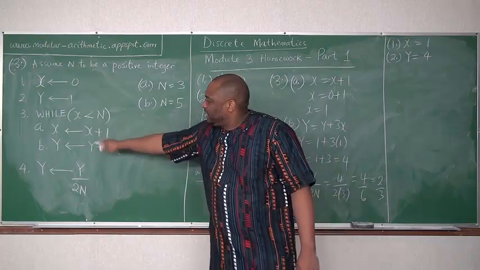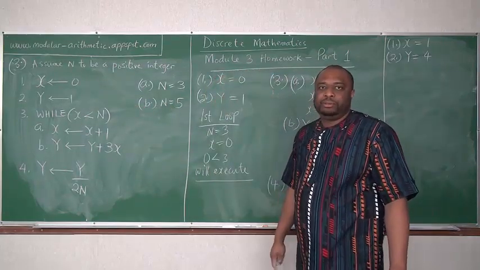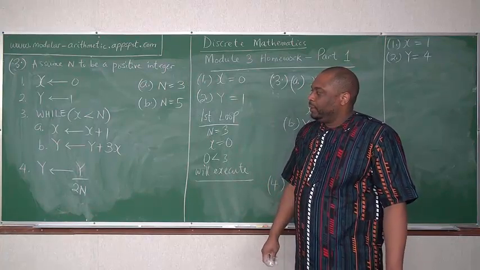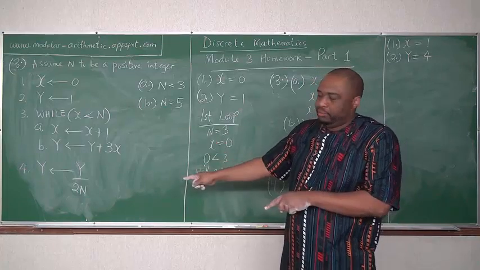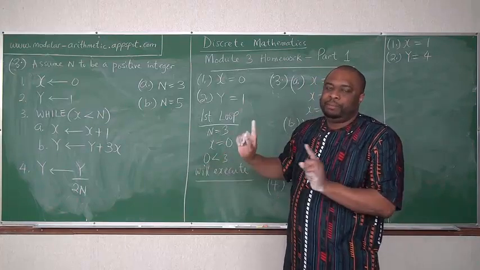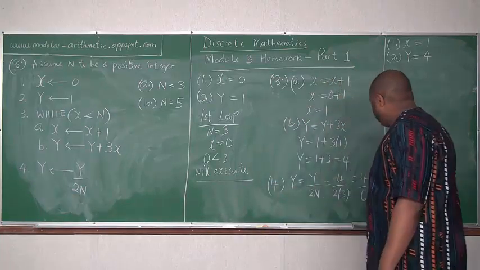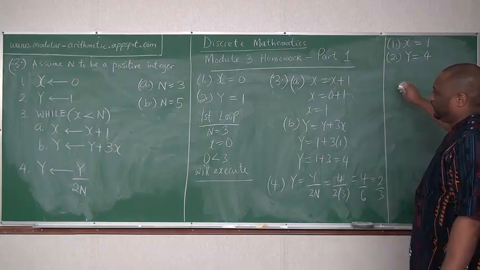So once it gets to 3b, it continues back right away. We're not going to use 4, because the program has not finished. So y is now 4 in this case.